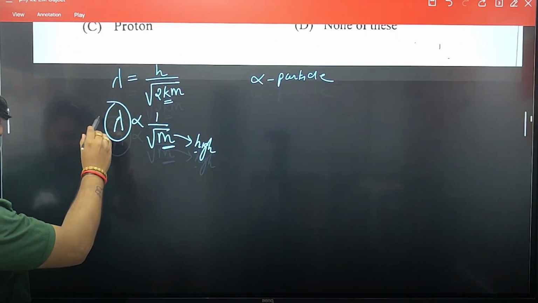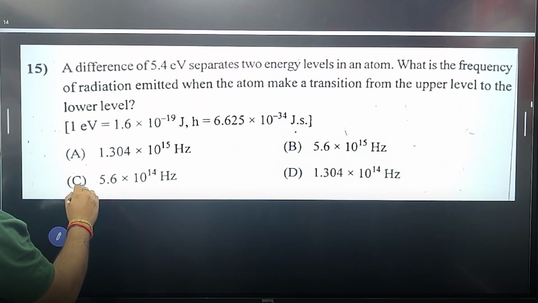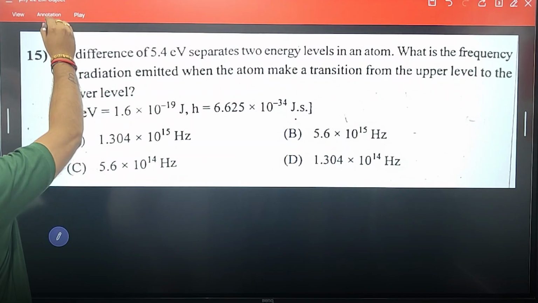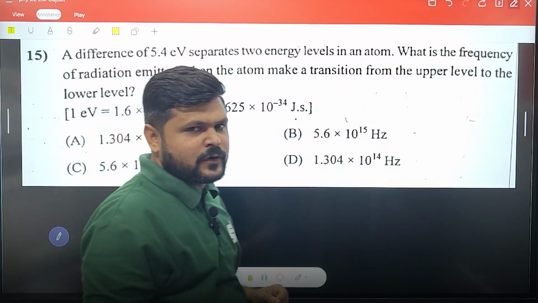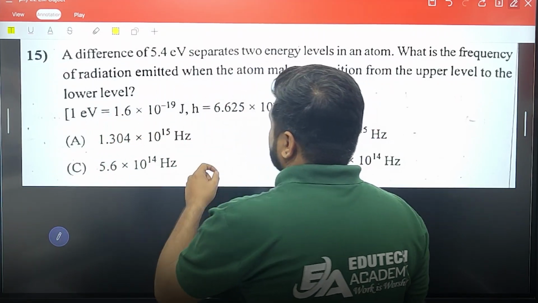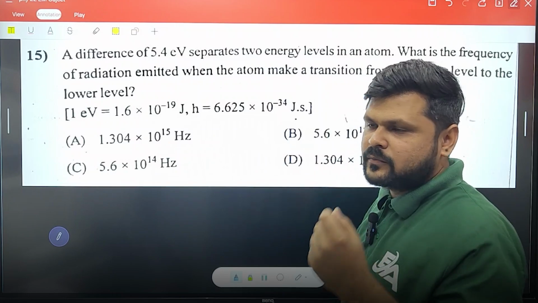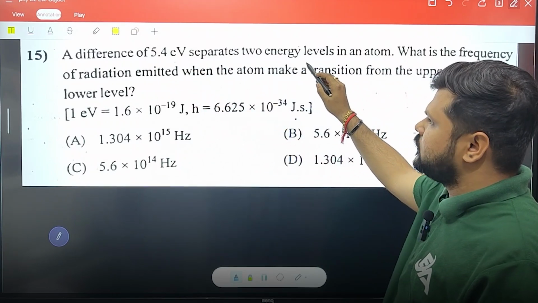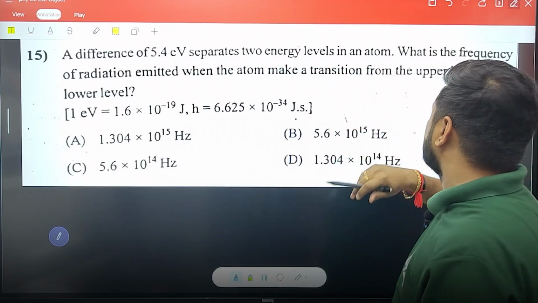Now the next MCQ, that is MCQ number 15, from chapter number 12. In an atom, 5.4 electron volt separates two energy levels of an electron.